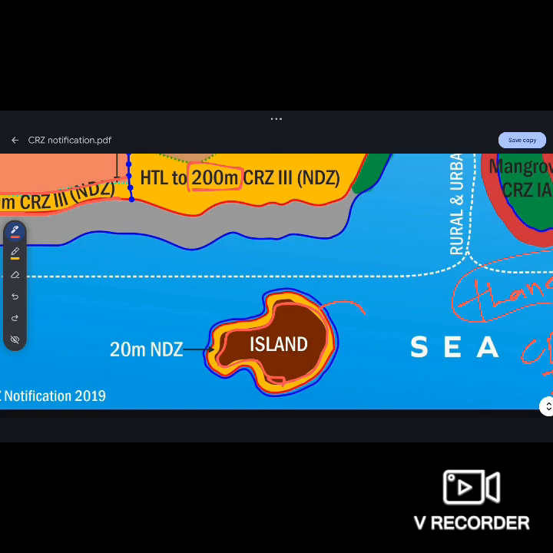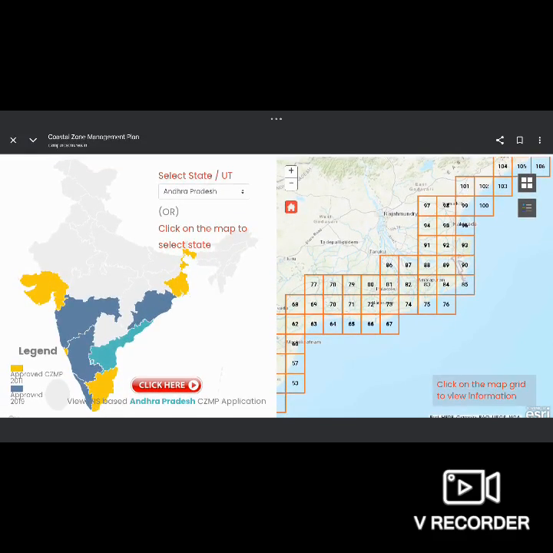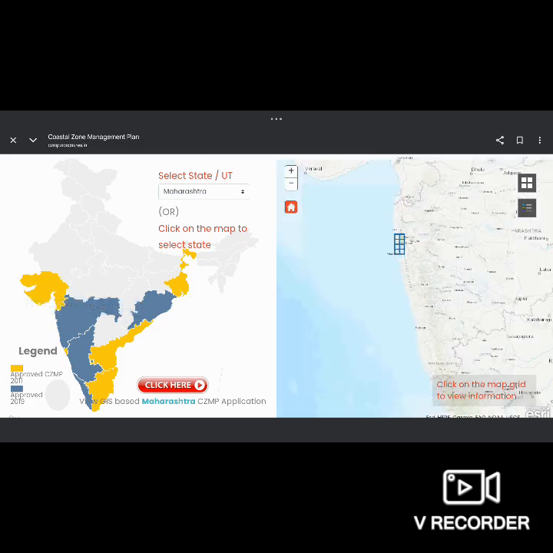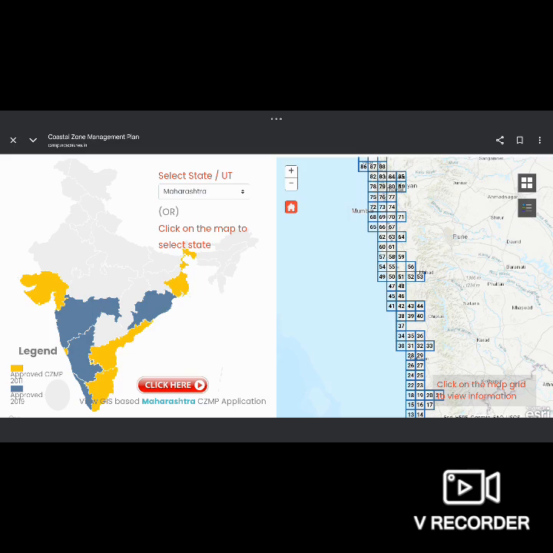Now let's check how to find which area falls under which category. There is a portal for this, and we will discuss it. If you want to check which area will come under which category, this is a portal developed by the National Coastal Zone Management Authority, and under this you can tap on the mark of any state. So let's check for Maharashtra. A new side window will open here, and under this the areas have been shown in a grid.